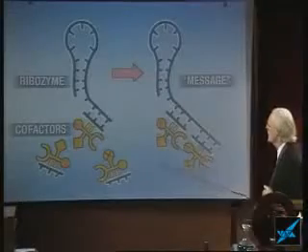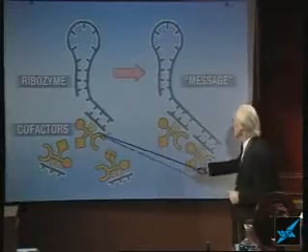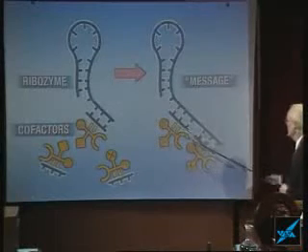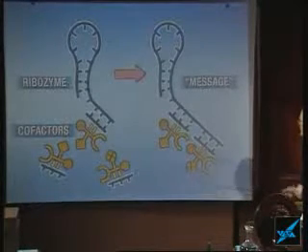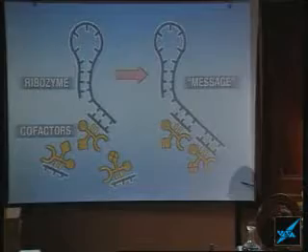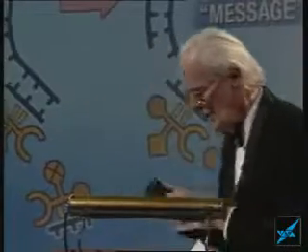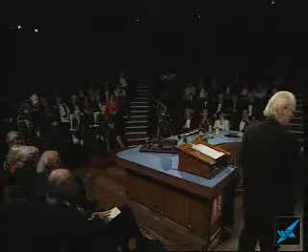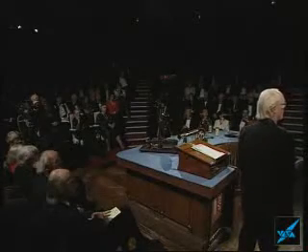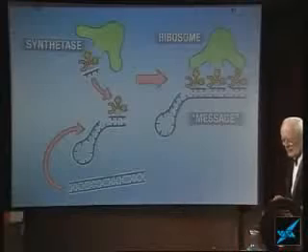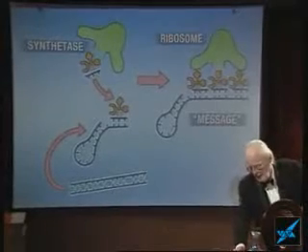But if it's a good idea to have one amino acid, maybe it might be even better to have 2 of them. And if 2, why not 3? And you're beginning to see how this thing might evolve into a message, into the modern method of synthesizing protein. In a bit more detail, his notion is shown here.